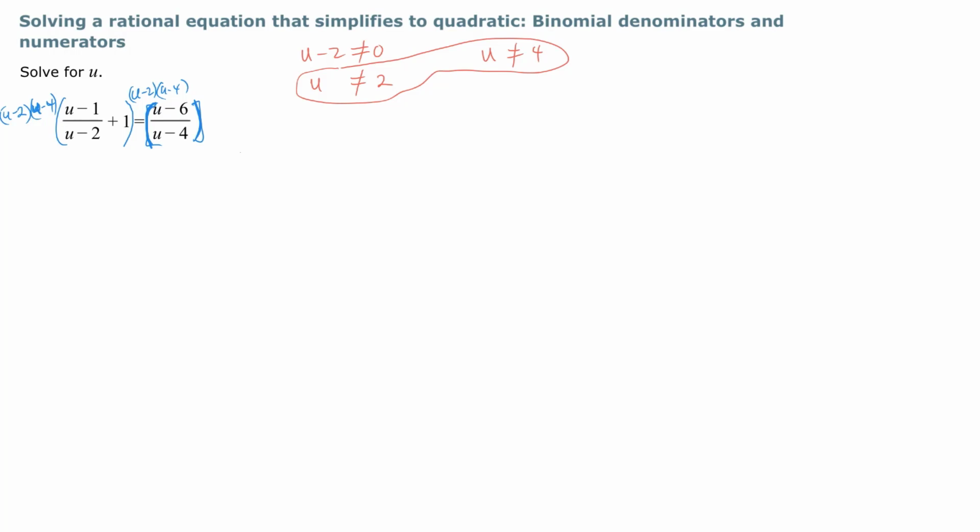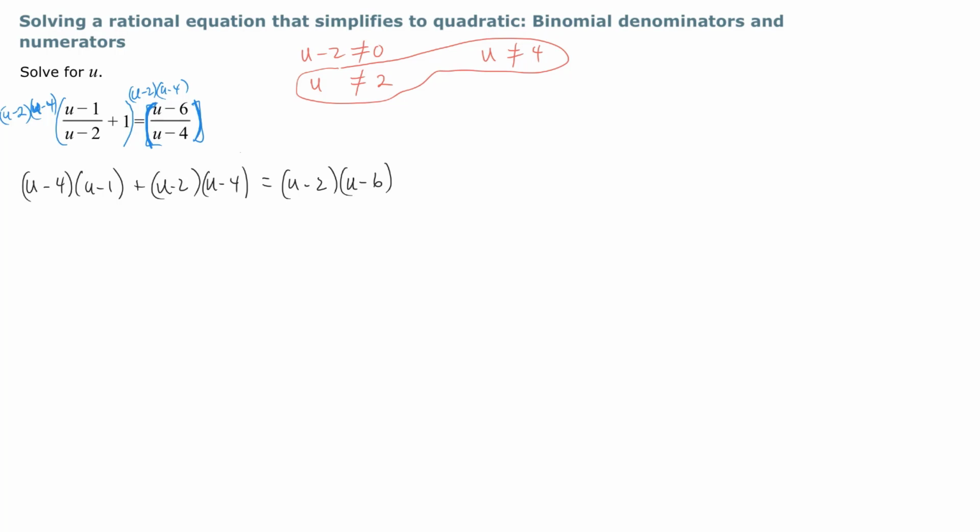We get u minus 4 times the quantity u minus 1 plus u minus 2 times the quantity u minus 4 is now equal to u minus 2 times u minus 6.